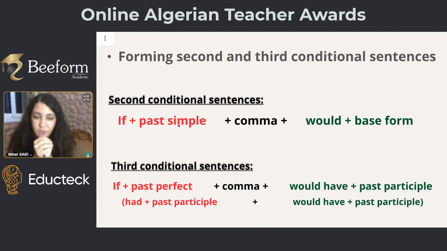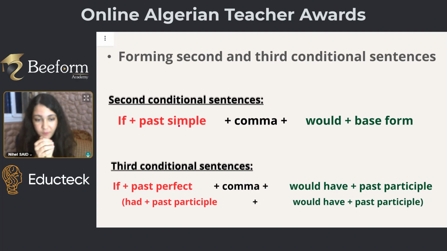For the second conditional, it is formed by the past simple in the if clause, followed by a comma, and then would with the base form.